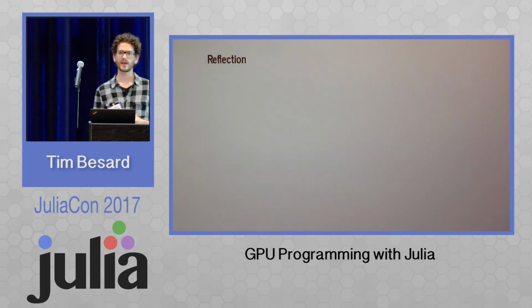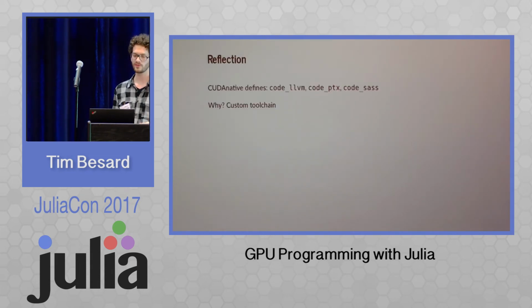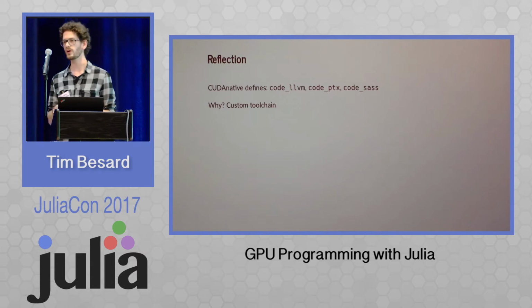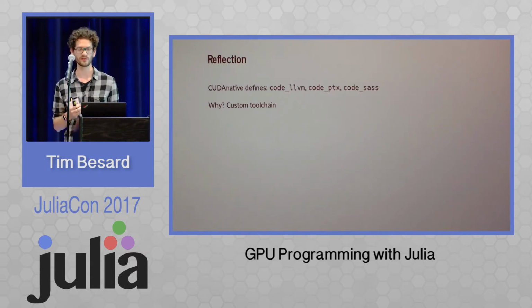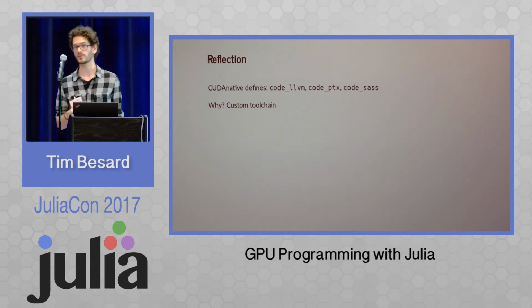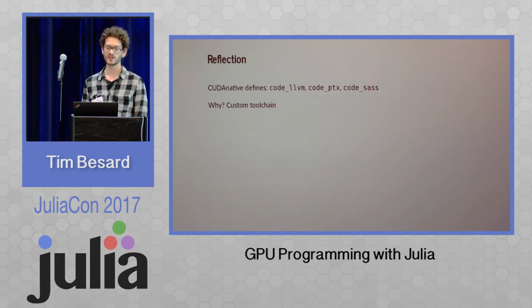So one interesting thing you're all used to from programming Julia on the CPU is that you can reflect upon the generated code at every point. This is the same with CUDAnative. However, we override and implement our own functions for some of this. Why is that? Because we have a custom toolchain, a custom compiler, which means that we're not relying on base codegen to generate our LLVM IR.